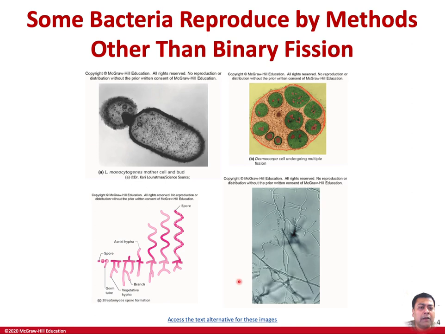On the other hand, here at the bottom, you are seeing spore formation by Streptomyces species, and the illustration shows a spore. Then you see there is a germ tube, vegetative hypha, branch, and the aerial hypha, and all these different structures. And then the formation of the spore at the very top of this aerial hypha.